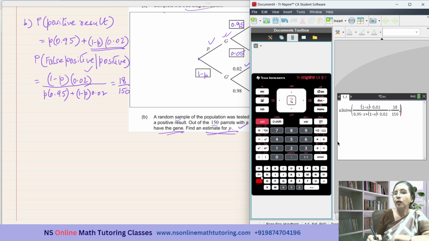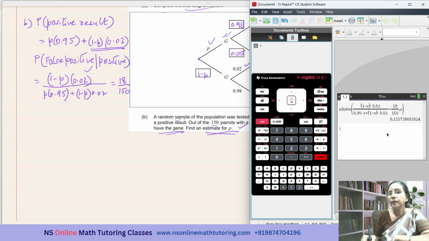And there should be the comma, and we have to declare the variable. It is x. I press enter, and this is the answer. The x value, or in our case the P value, is 0.1337 and so on. Up to 3 significant figures, it will be 0.134.